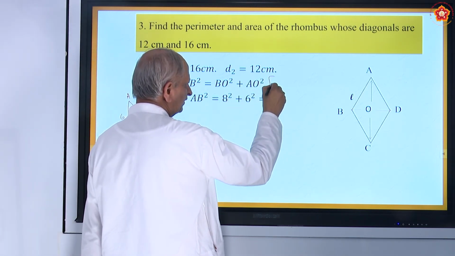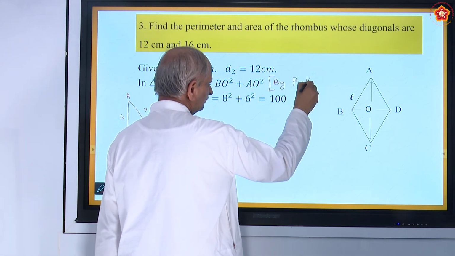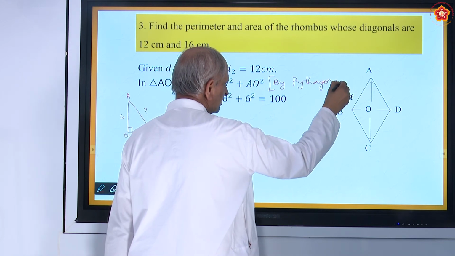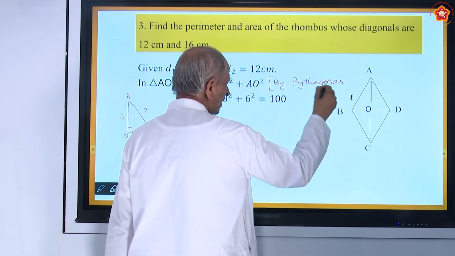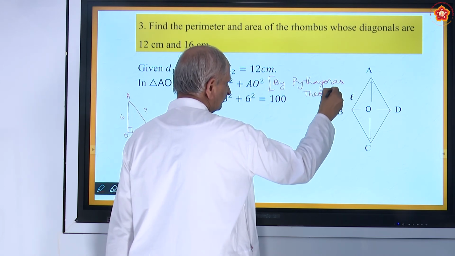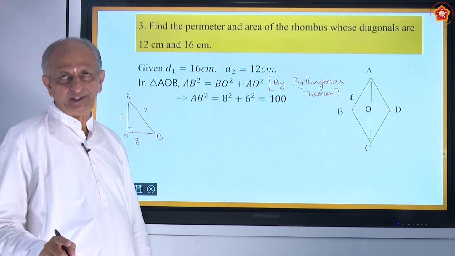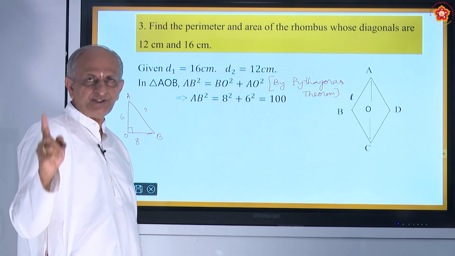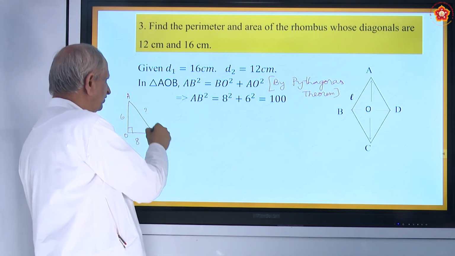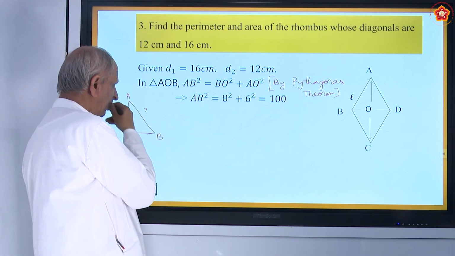Pythagoras theorem is a very famous formula for right angle triangle. Can anybody define it? What is it? The square on the hypotenuse is equal to the sum of the squares of the other two sides. So AB square is equal to AO square plus BO square.